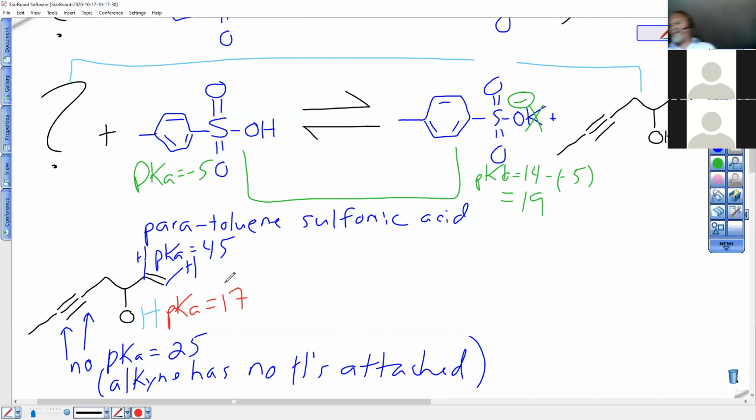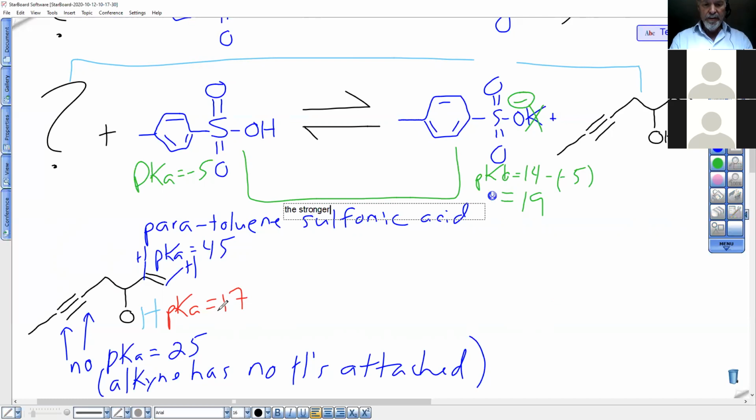So which of these two reacts a lot faster, which means it's the only one that matters? And the answer is the stronger acid always reacts faster. Yes.